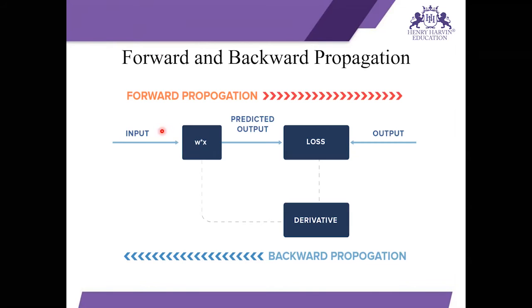The input is passed, and then we get the output, and then the loss is calculated. We find the derivative, and then we adjust the weight. This is how the process continues, right? So this is basically forward propagation, and this is backward propagation.